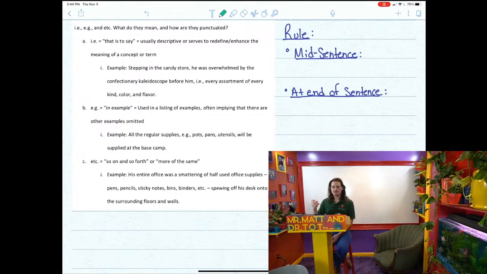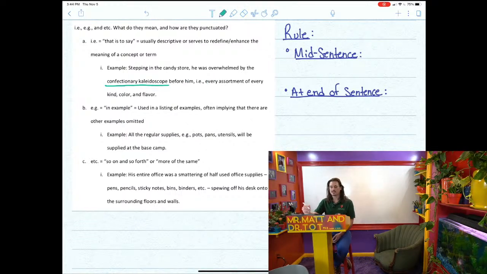Otherwise, this phrase, confectionery kaleidoscope, is a little bit unclear. I mean, it's pretty vivid. It has a lot of nice color and imagery to it, but it's a little bit vague or general. So by expanding on that, and notice that the i.e. is occurring mid-sentence, so it's surrounded by 2 commas. And it doesn't matter that there's a period and then a comma.